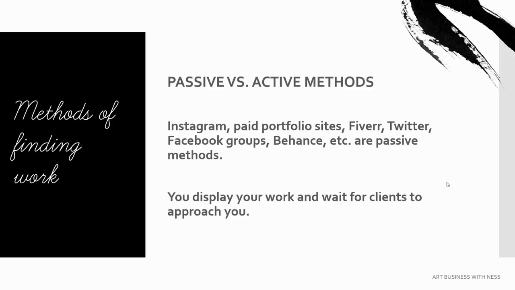What I like to compare it to is going to a bar, dressed up all nice, and waiting for someone to hit on you, right? Whereas an active method is going to talk to the person you like straight away, right? Active methods is contacting an art director yourself instead of waiting for the client to come to you.